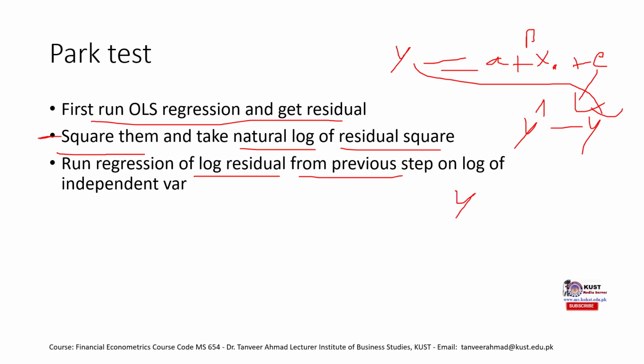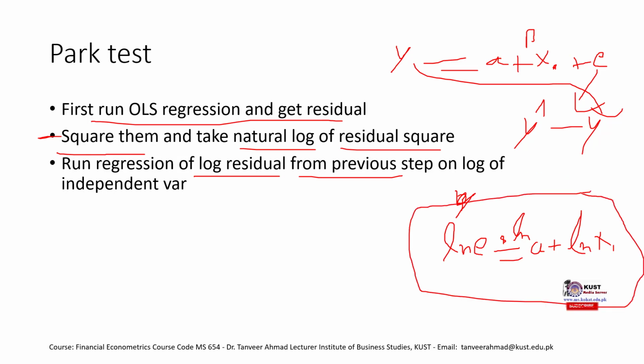So our new model would become this, rather I would write it like this: natural log of the residual squared, the error term, is equal to alpha plus beta times the natural log of our independent variable, ln x. We again run the OLS regression using this model, this functional form. If you remember, it is a log functional form.